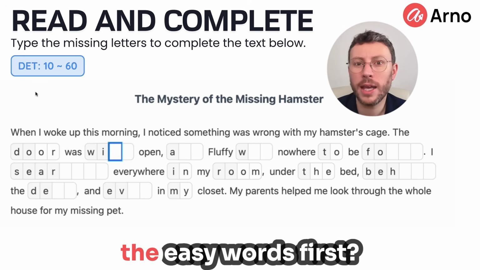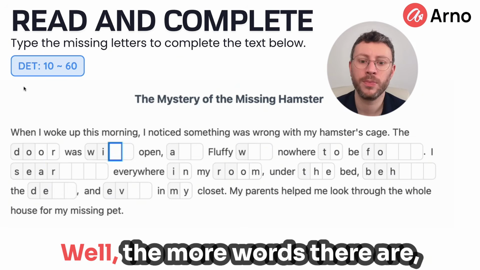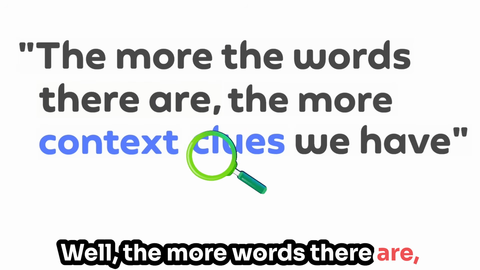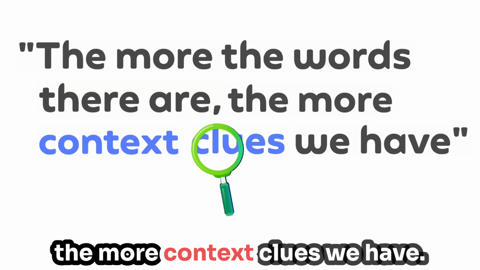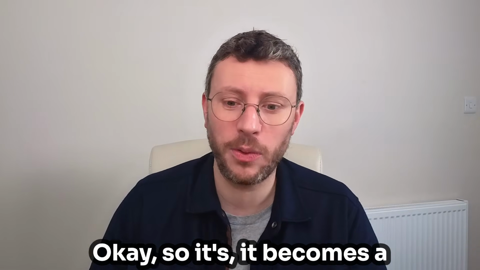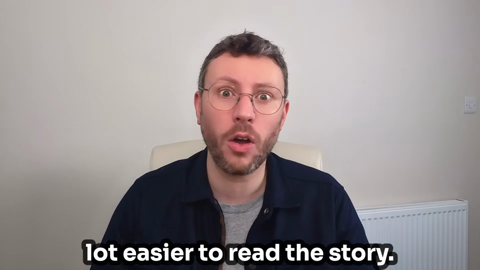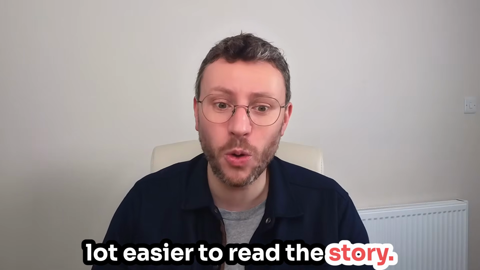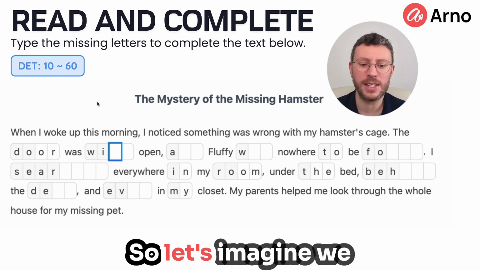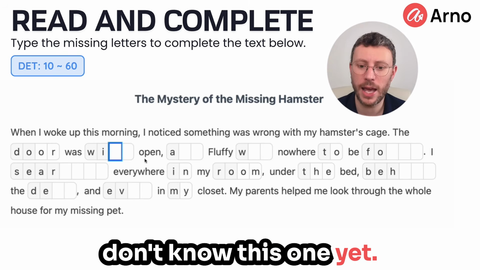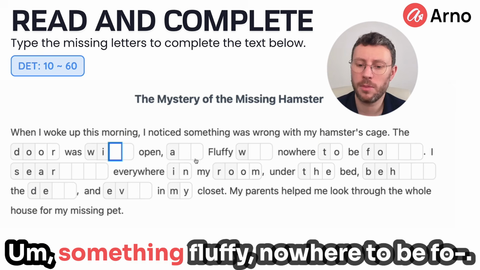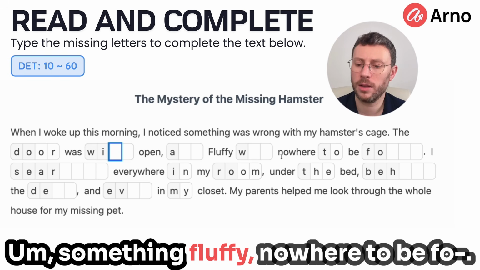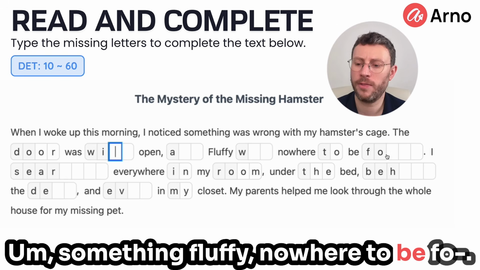So why are we doing the easy words first? Well, the more words there are, the more context clues we have. Okay, so it becomes a lot easier to read the story. So let's imagine we don't know this one yet. Something fluffy, nowhere to be far.